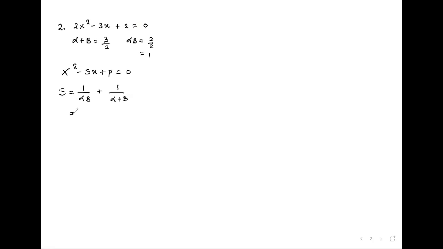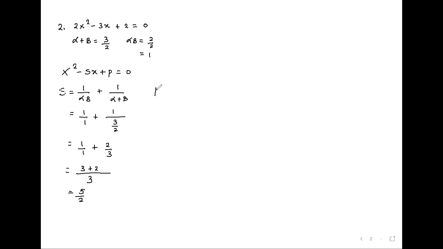You already have alpha beta, so you just place 1 over 1 plus 1 over, you already have alpha plus beta, 3 over 2. So this is 1 over 1 plus 2 over 3 when you reciprocate this one. And then the common denominator here is 3. So we get 3 plus 2, which is 5 over 2.